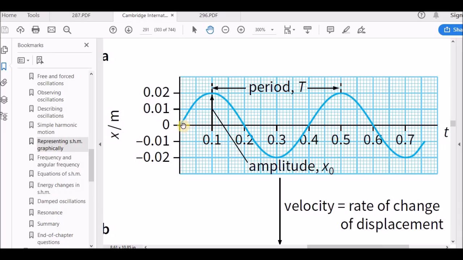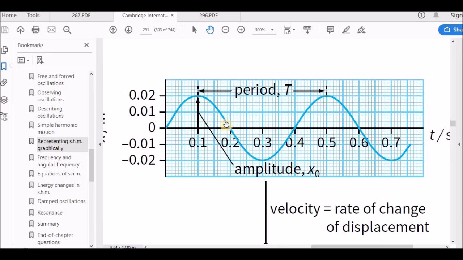That means it is moving to the right from the equilibrium position starting from time t equals 0. Now if you started the time when it was at one extreme end, either to the left or to the right, then this will not start at 0. The graph will start at 0.02 if you start at the extreme point, because it already has the maximum displacement when you start the timing.